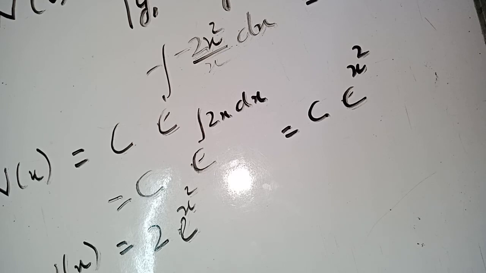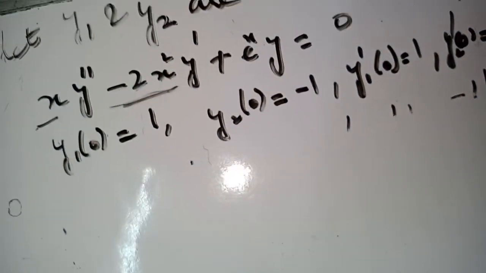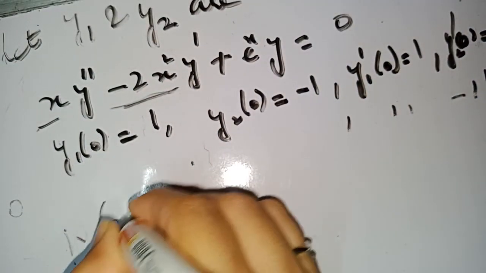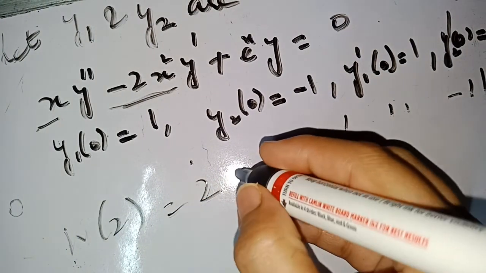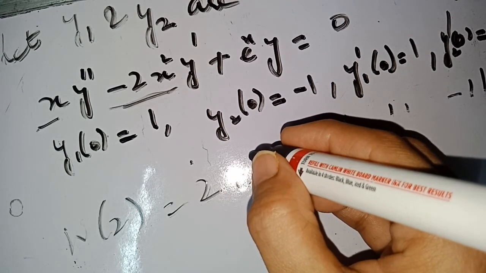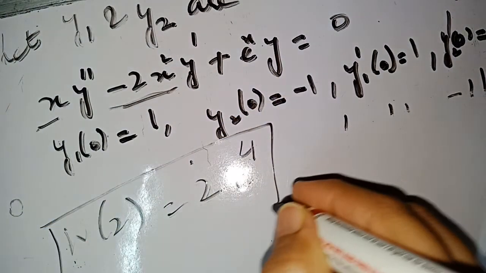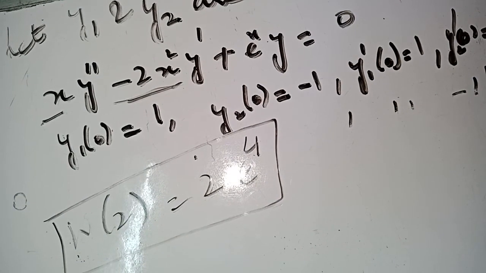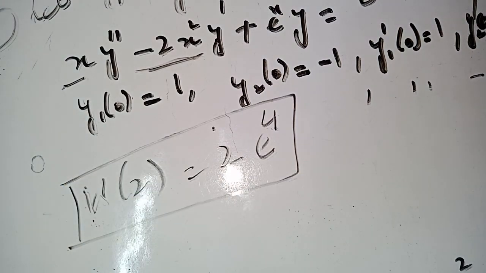Next we find the Wronskian at 2. We substitute the value of x as 2, so it becomes e raised to the power 4. So the Wronskian at 2 is 2 e raised to the power 4. In this way we can find the Wronskian at x or at any given point.